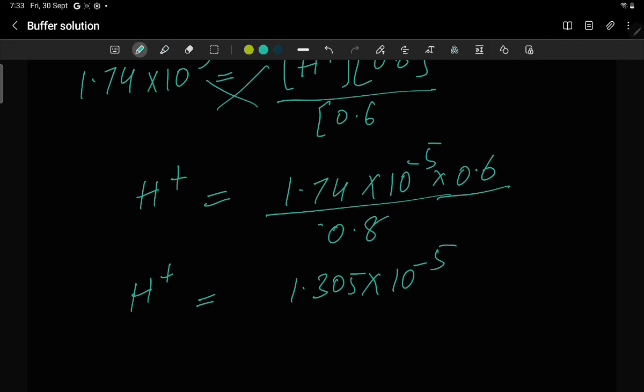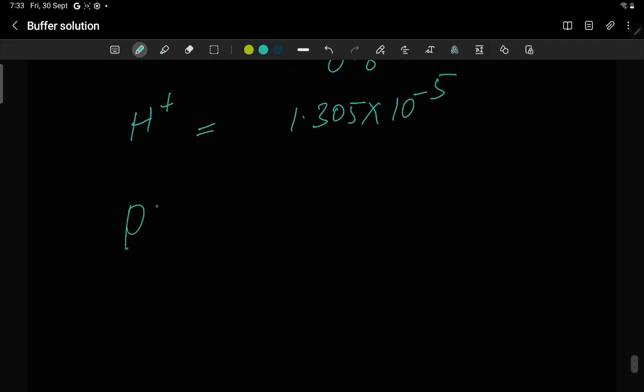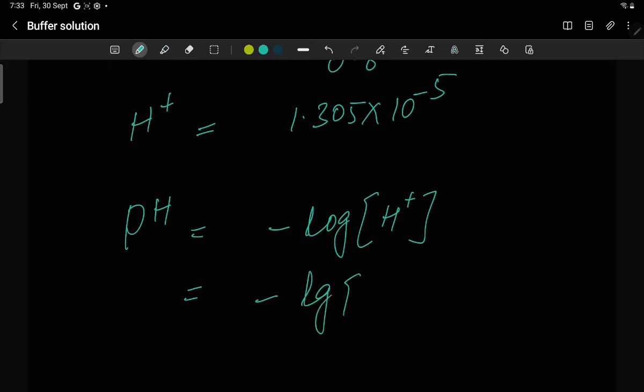Now pH is equal to minus log H positive, which is equal to minus log of 1.305 into 10 raised to minus 5.